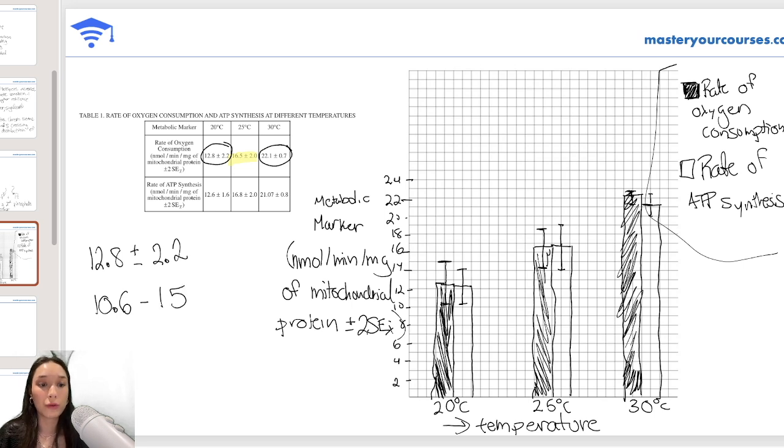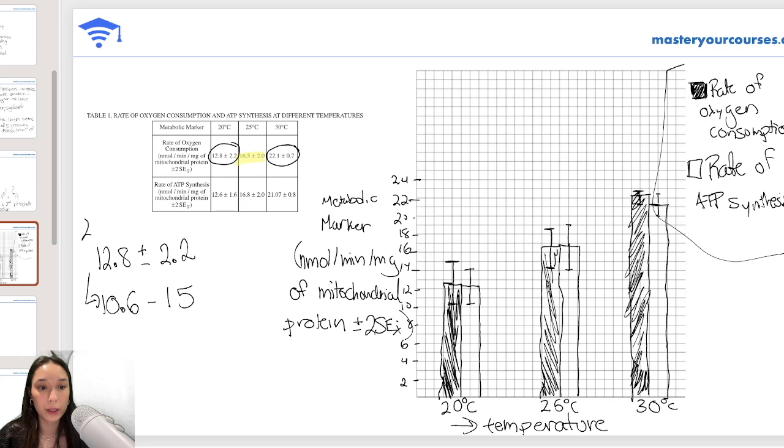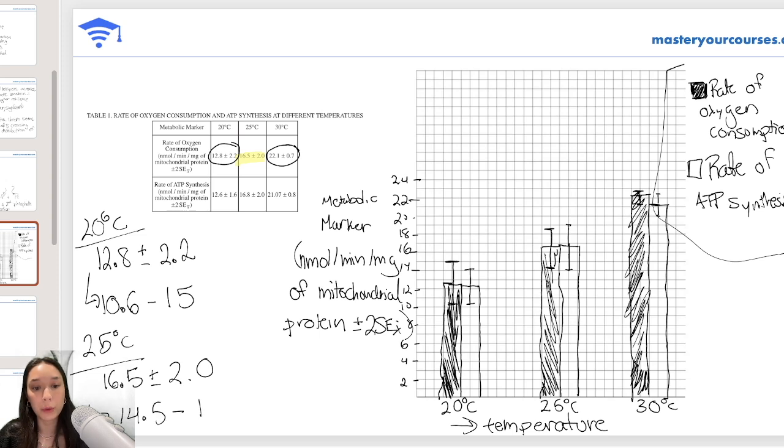So that's the range for this one. And then for the 20 degrees, oops, I'll just put 20 degrees here. And again, you didn't need to write out all of this. I'm just putting the solutions. 25 degrees, you've got 16.5 plus or minus 2.0. And so that gives you a range of 14.5 to 18.5.